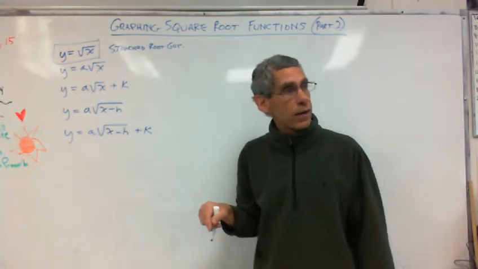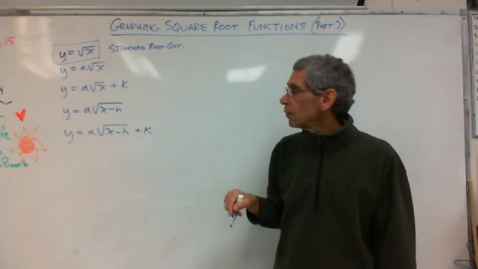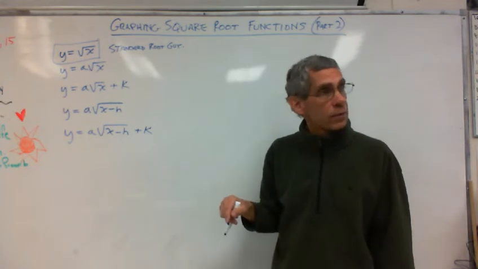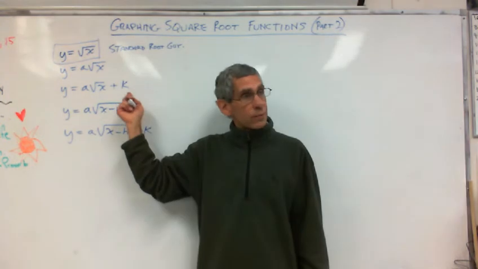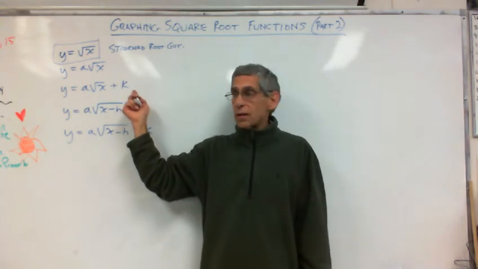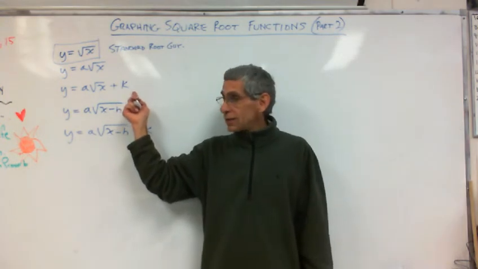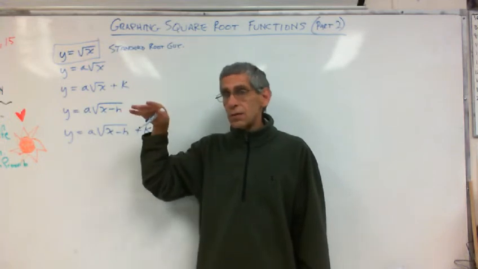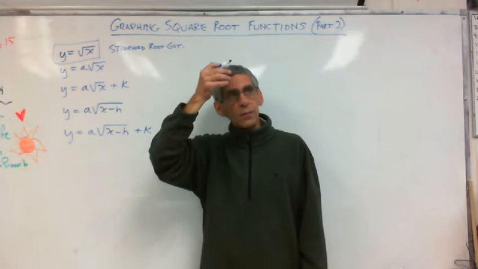Yeah, it actually is your y-intercept. K is your y-intercept, just like with y equals ax squared plus bx plus c. C is your y-intercept, always. K is your y-intercept. Well, actually, let me just think about that for a second.